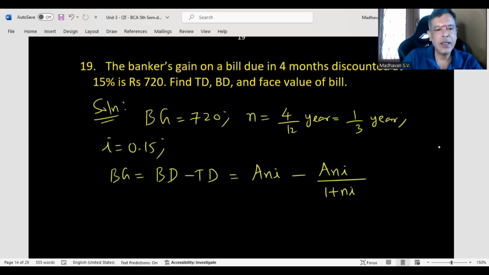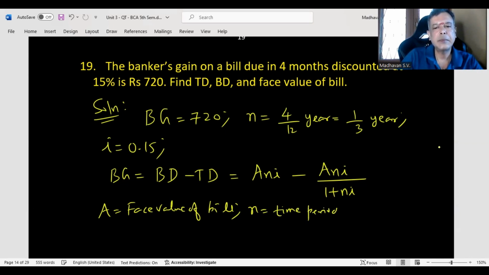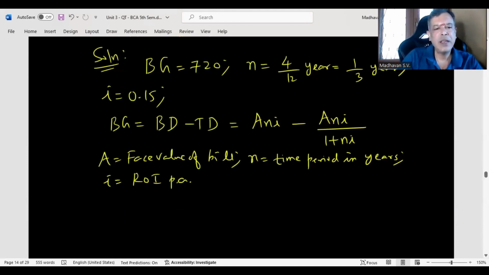Here A is the face value of the bill, N is the time period in years, and I is the rate of interest per annum.